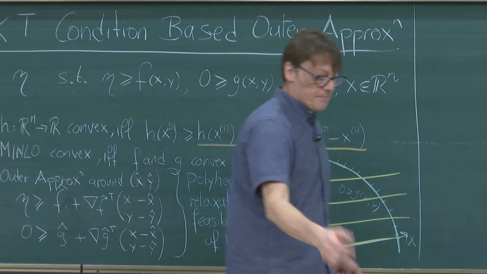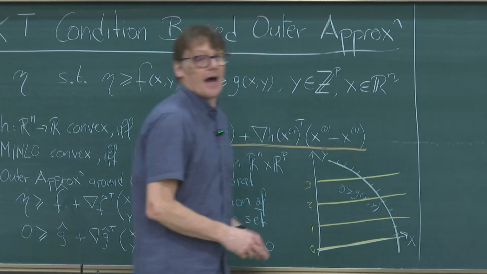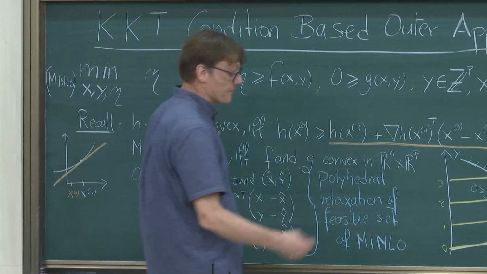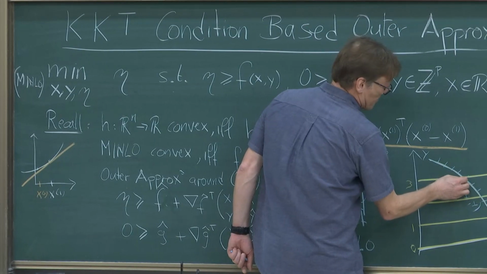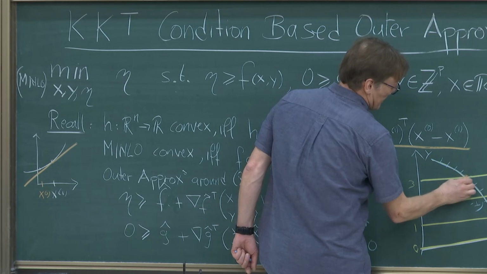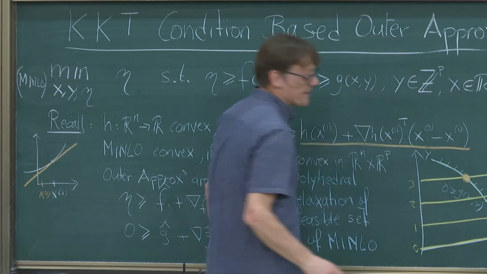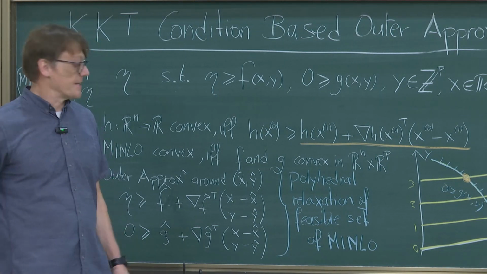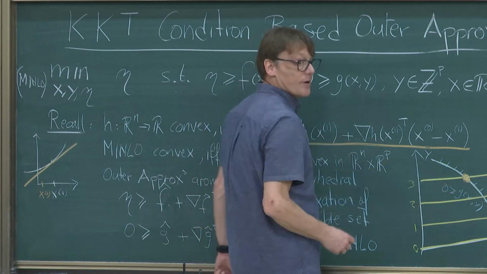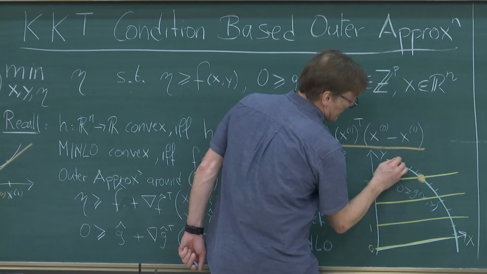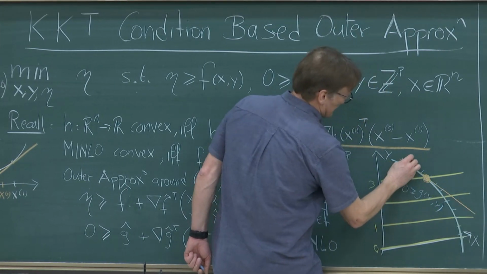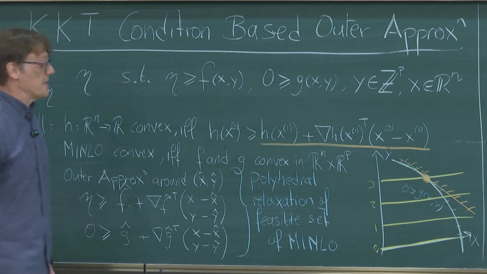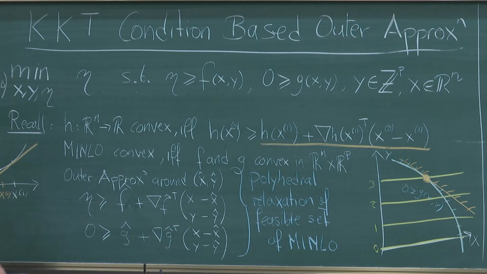Now I can pick any point I like, inside the domain or outside the domain. But we're going to be interested in feasible points that lie on the boundary of the feasible set. If I do a linear approximation of this function there, this is an outer approximation, a supporting hyperplane of my nonlinear set.